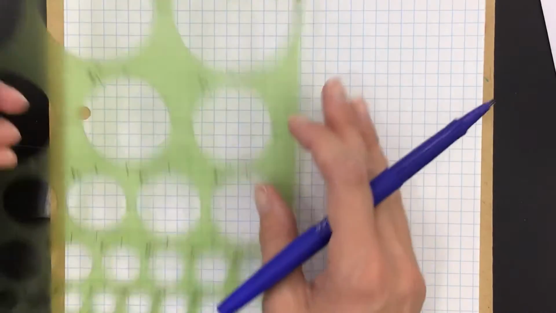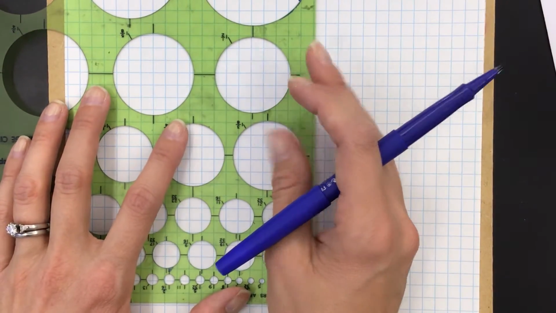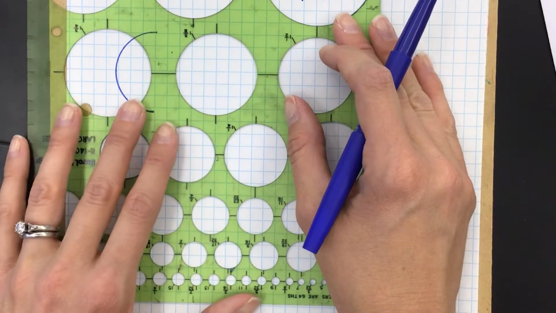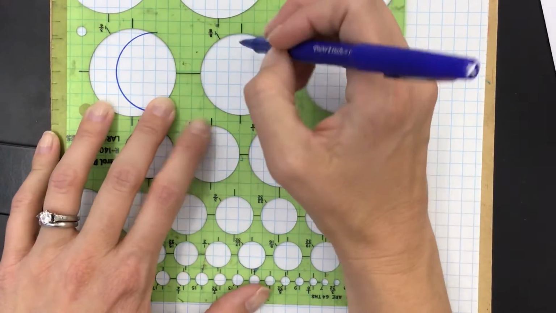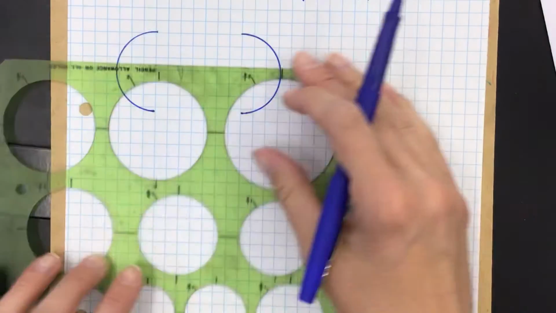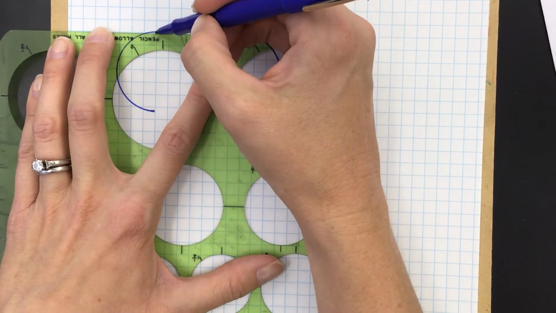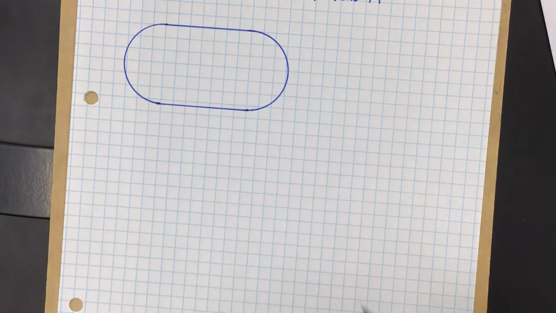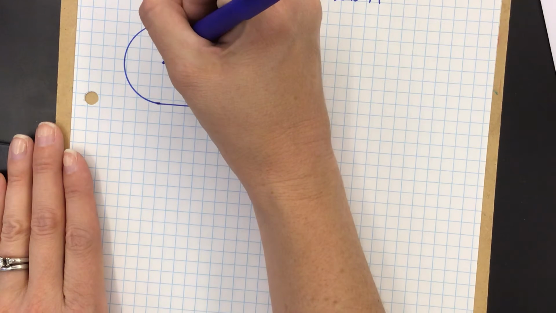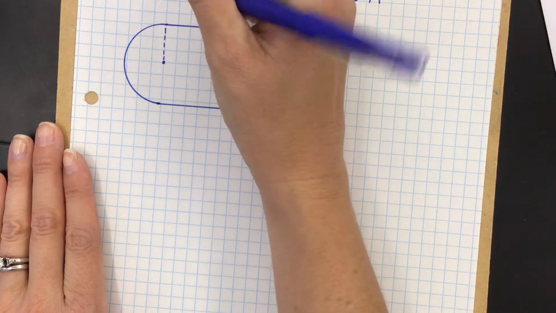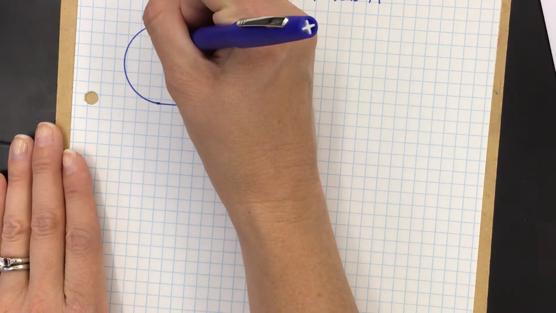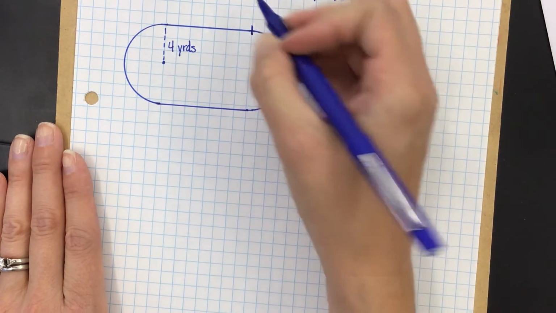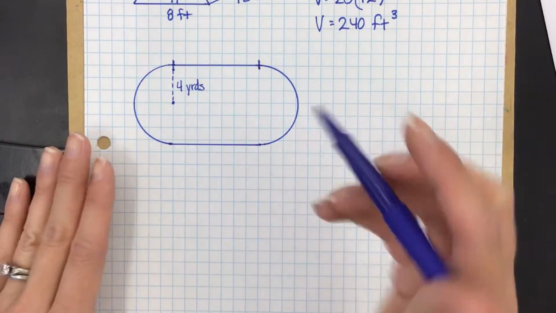So here's a complex area problem that you might see something like this. This is a complex area problem.